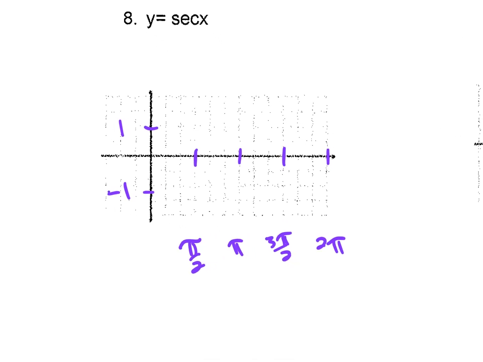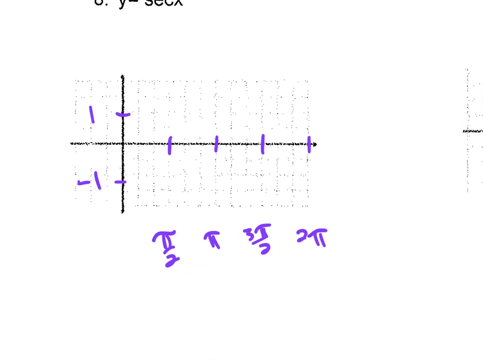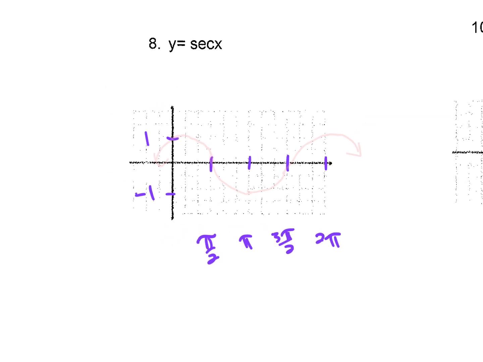All right, so I want to draw in a cosine curve, which starts high and comes low, and then comes back around. Okay, so to graph the secant, we are looking at where this graph is crossing at 0.